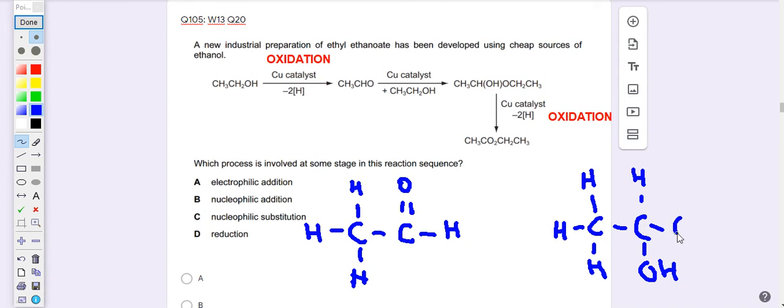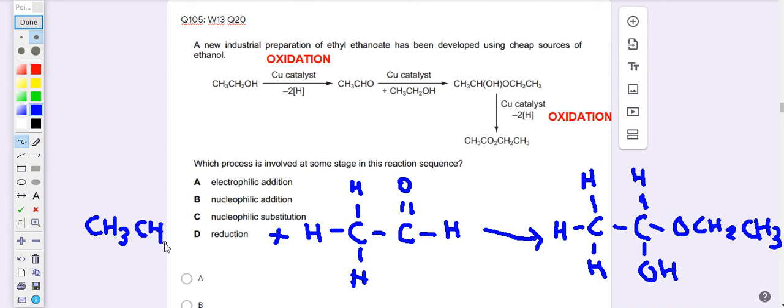Then it's bonded to O, CH2 and CH3. So this reaction is actually aldehyde added this whole thing.